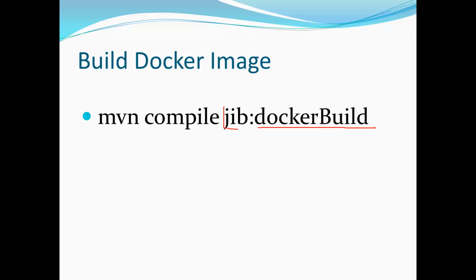It will generate the Docker image as well as run the build process, I mean the jar generation will also happen. The advantage is it will take less memory compared to the normal approach, and you get an optimized Docker image as well. This is the advantage of using Google Jib.